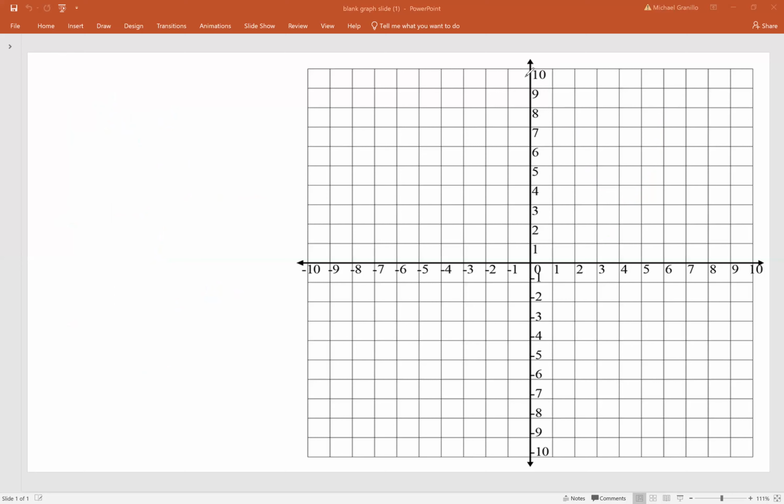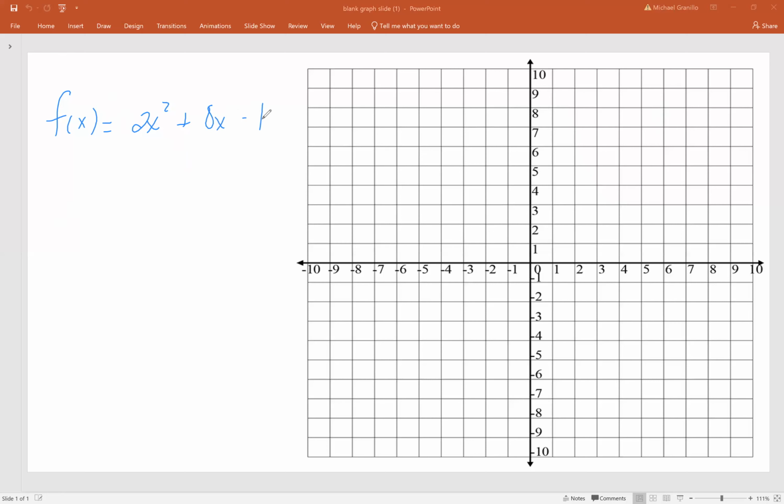The second thing is we're going to find those same things again, but we're just going to do it not from a graph, but from an equation. All right. And this is where things get new. So we have an equation, f of x, the function of x, is equal to 2x squared plus 8x minus 1.